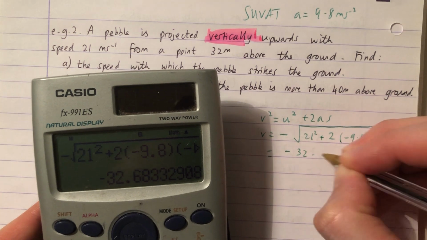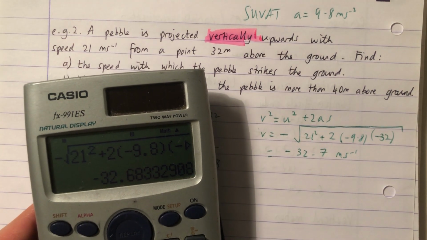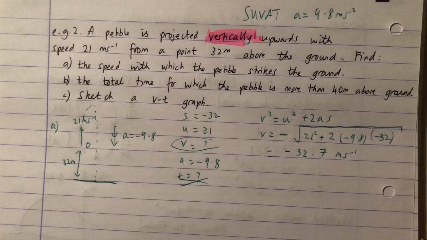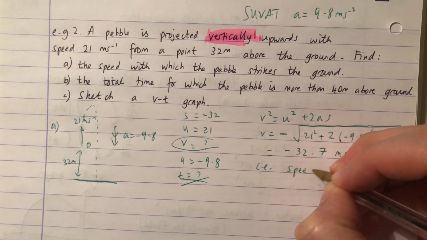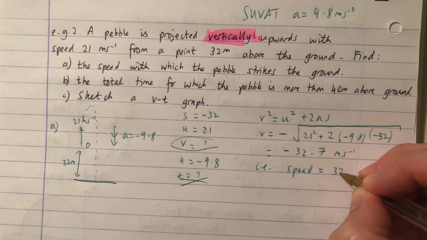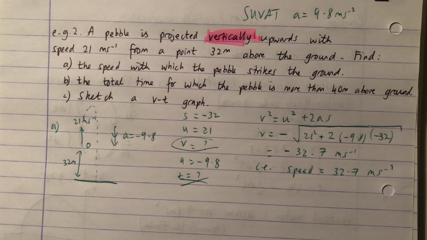Negative 32.7 meters per second to 3 significant figures. I've almost been a little bit too clever because the question said the speed, and speed doesn't have the negative sign, so I'd have to state 32.7 meters per second. Right, that's part A done.